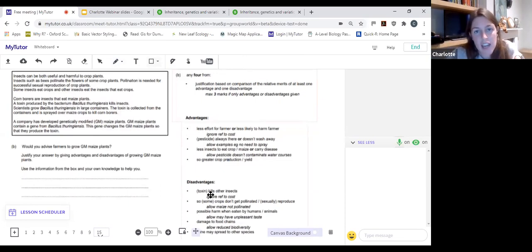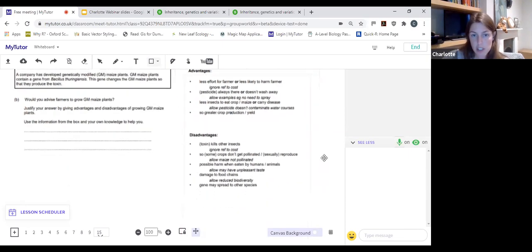So you can have a justification based on comparison of the relative merits of at least one advantage and one disadvantage. So they give you a mark just for providing an opinion based on advantages and disadvantages. So it doesn't matter what that opinion is or what those advantages and disadvantages are, you get that mark for just structuring your question that way. You can have any of these advantages: less effort for the farmer, pesticide is always there, less insects to eat the maize, and greater crop production or yield, and any of the disadvantages.